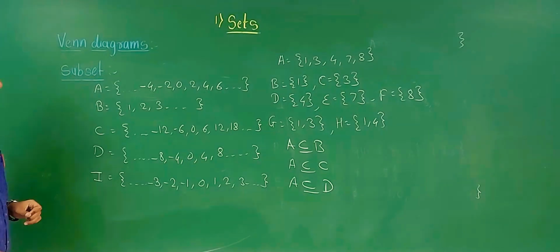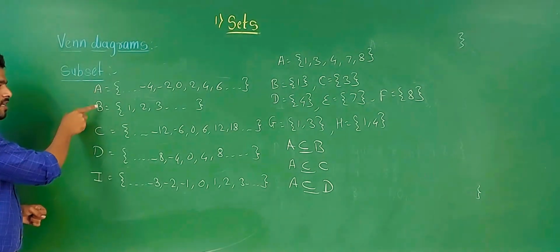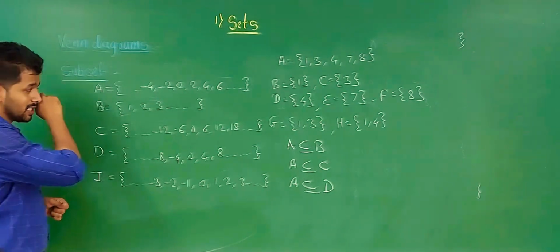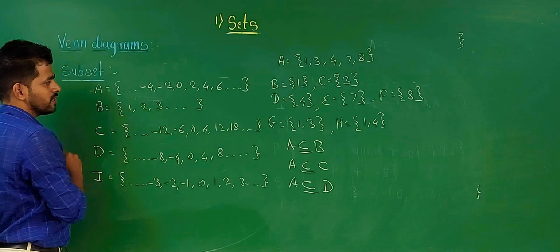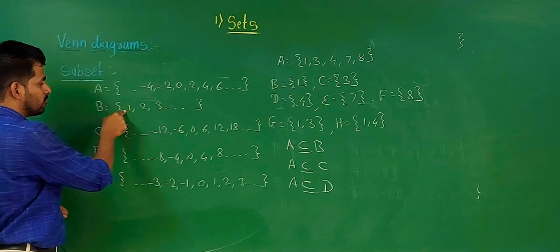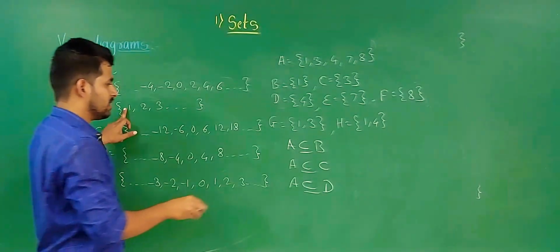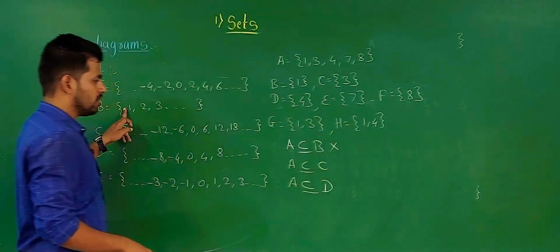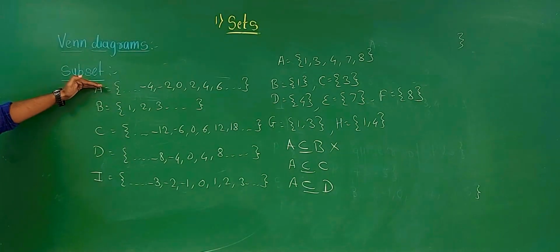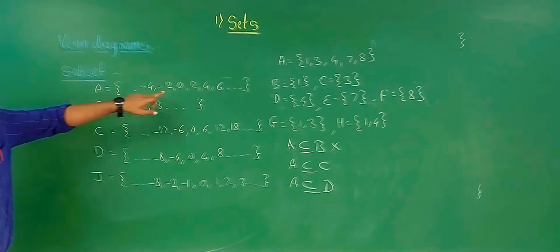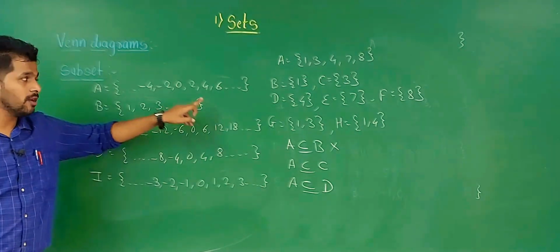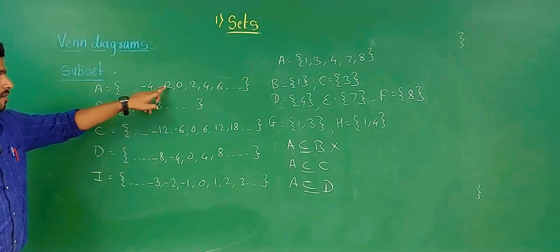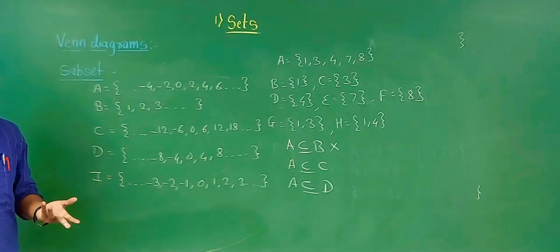Okay, a set A is a subset of set B if every element of set A is present in set B. But see, in set B, here positive numbers are there, negative -2, -4 are not present. That's why the given statement is wrong, because every element of set A is not present in B. No doubt 2 is present, 4 is also there, 6 is also there, but 0 is not there, -2 is not there, -4 is also not there.